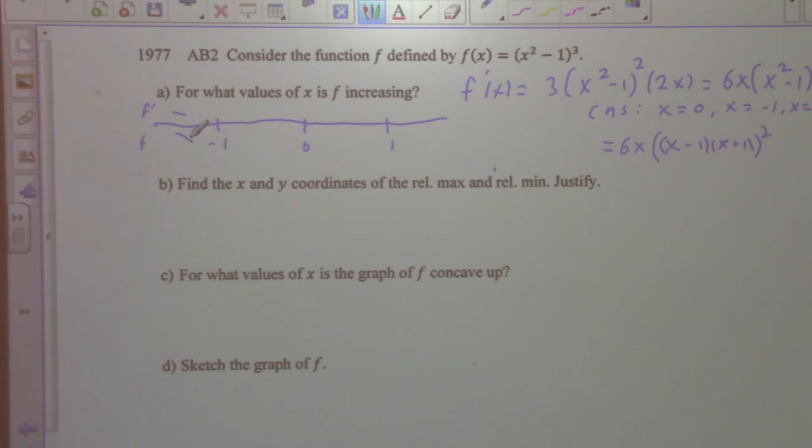So we're going down here. And between -1 and 0, we also have negative, because we're still going to have negative times positive. And now to the right of 0, we're going to have positive, positive. And then also positive, positive.